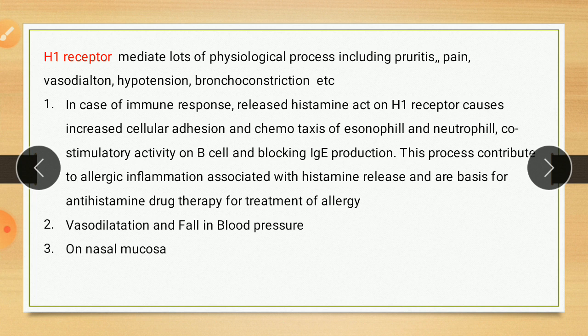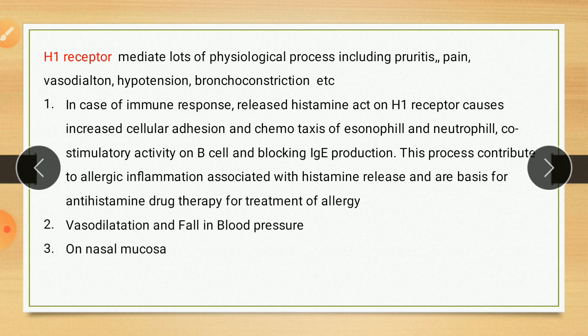Third, on the nasal mucosa, histamine increases vascular permeability, causing fluid to escape from capillaries into tissue, which leads to the classic symptoms of allergic reaction, that is runny nose and watery eyes.